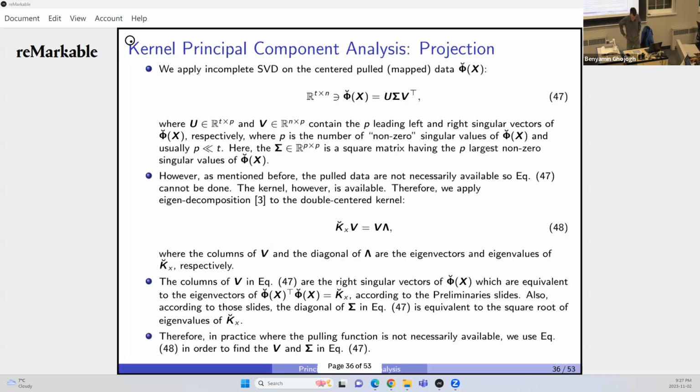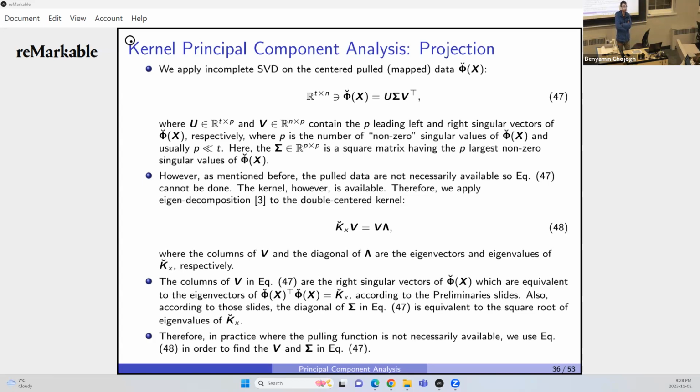Now, recall dual PCA. Do you remember I said we use dual PCA for kernel PCA? Recall it. What did we do in dual PCA? We had X, the SVD of X. It was U sigma V transpose, right? Now what happens here?